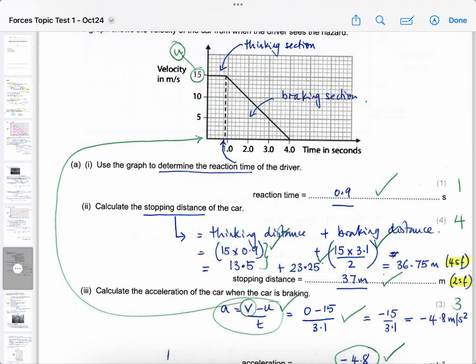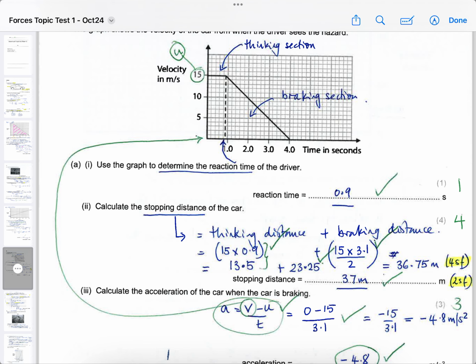It'll be 15, the initial velocity, times 3.1 seconds. Divide the answer by 2, get 23.25. That's the second answer. And then if you add them together, you get 36.75. Round it up to 2 significant figures, and you'll get 37 meters.